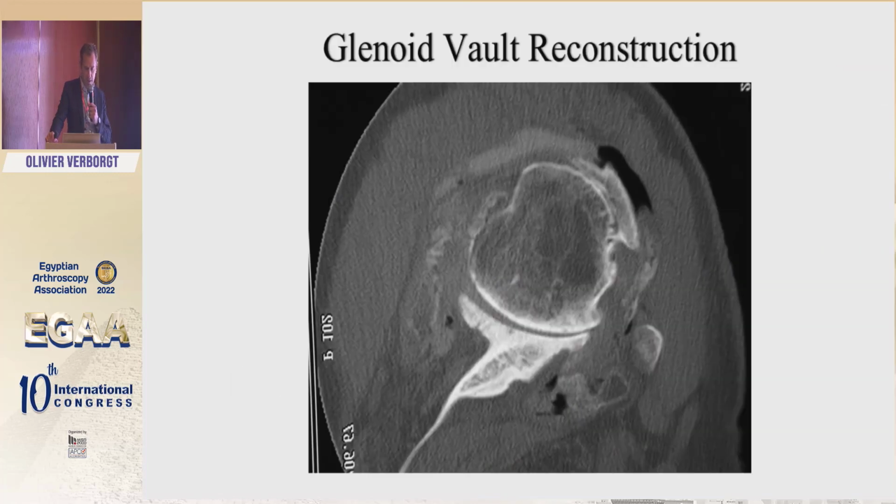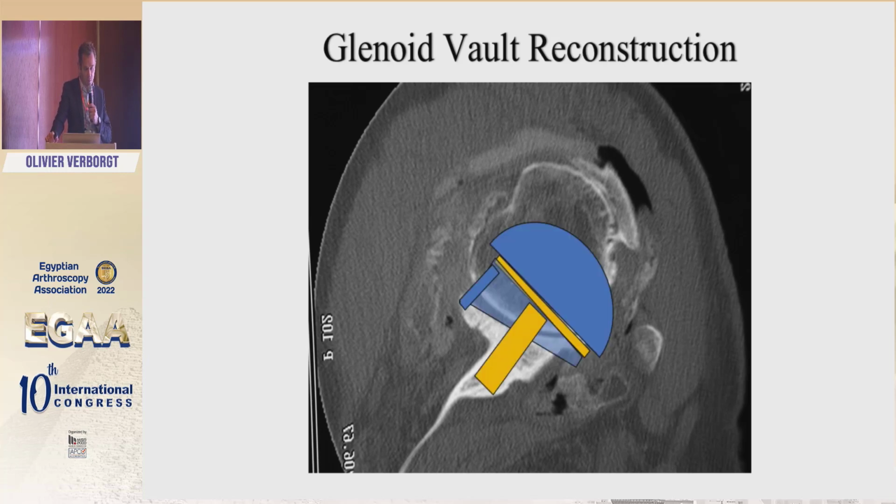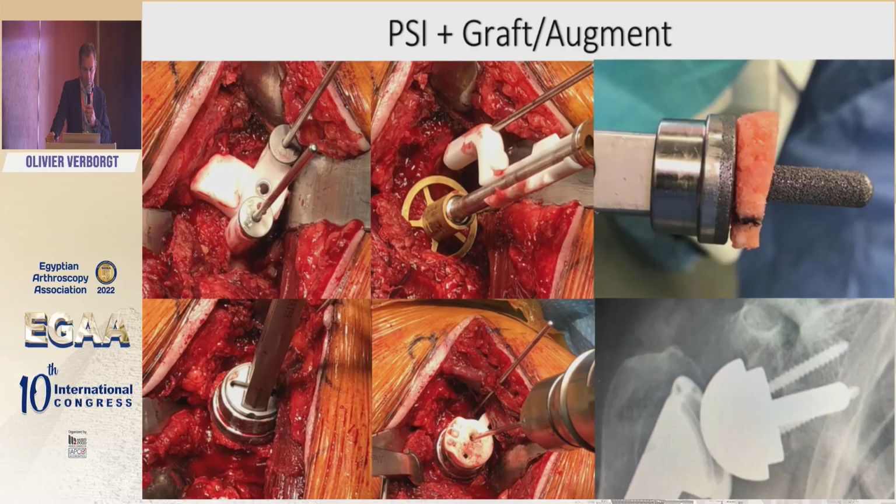As I said, the technology is mostly now used for difficult glenoids, not so much for easy ones anymore. Difficult ones, like you see here, where it's not only difficult to find the central axis, but also you have to come up with some reconstruction of the glenoid vault as well, whether you use bone graft or metal implants.